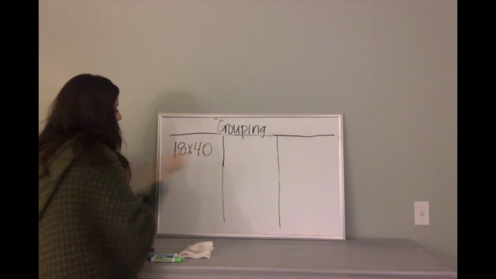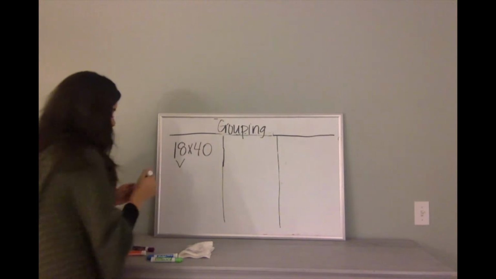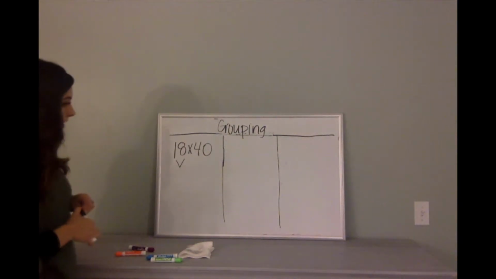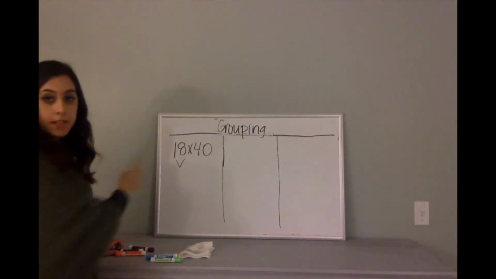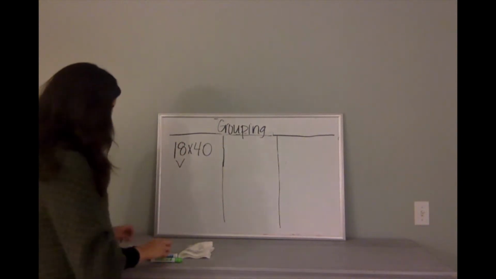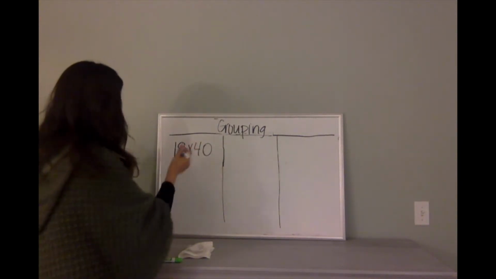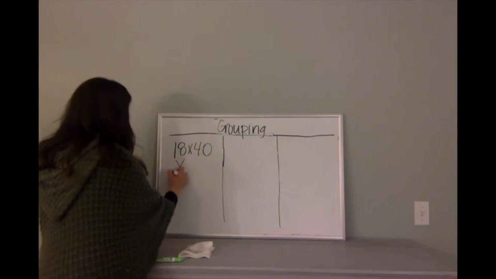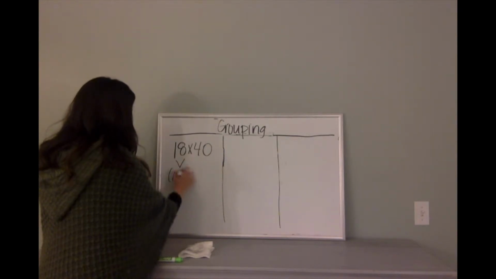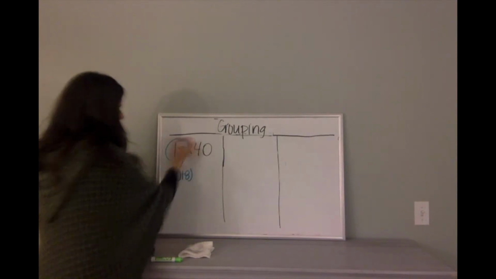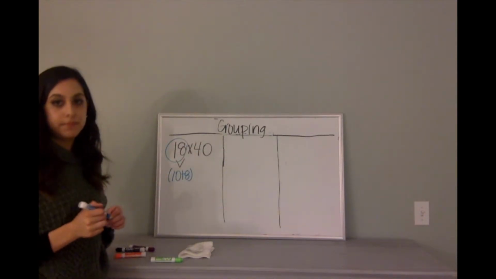The 18 is going to become, we're going to break it into the tens place and the ones place. So we're going to do 10 plus 8. This equals that 18, okay?